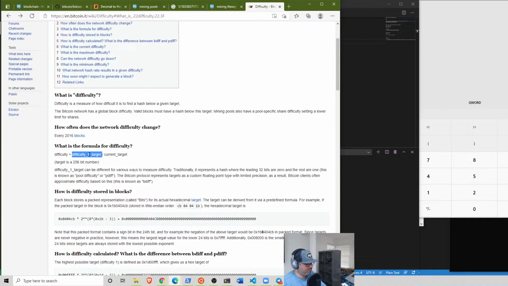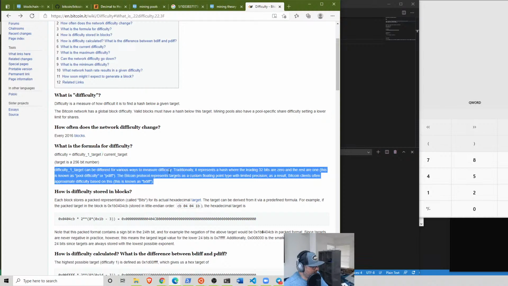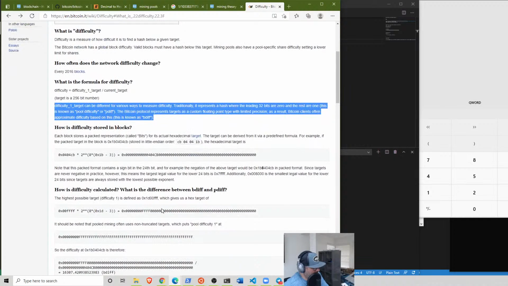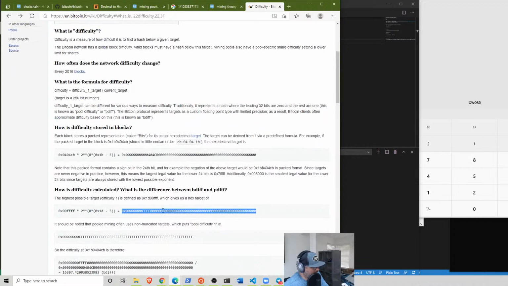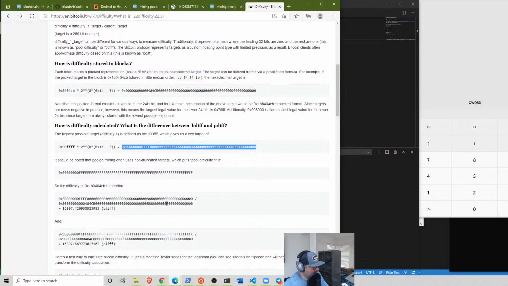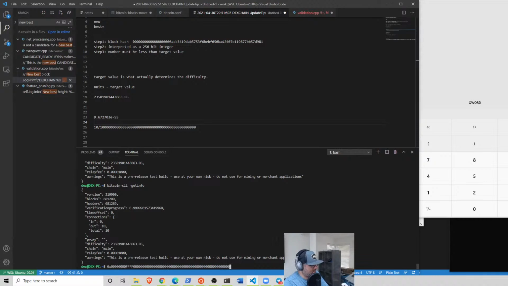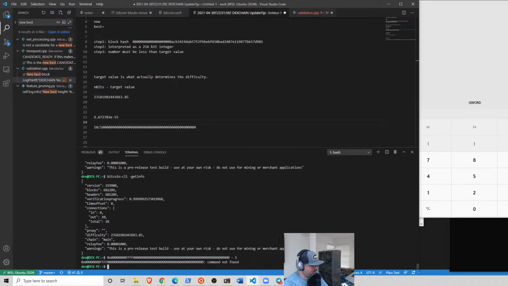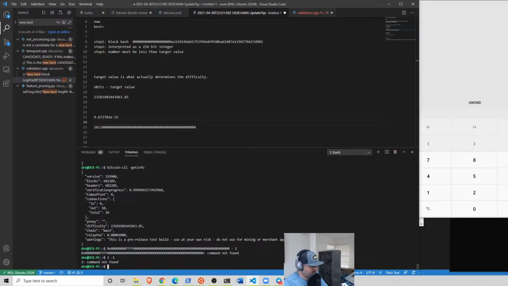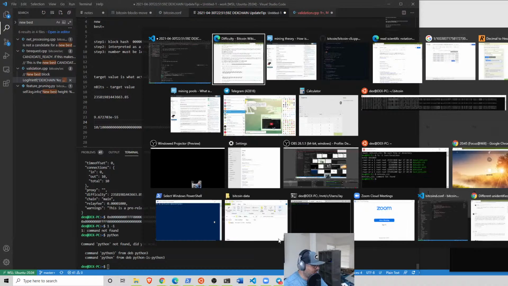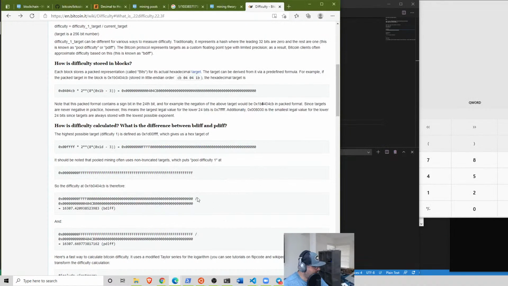Difficulty 1 target. Wow. Divided by current target. I don't have Python installed.